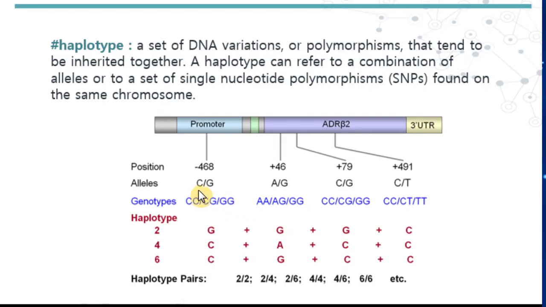We read them as genotype for each polymorphism, or we can read them as haplotype of 4 polymorphisms. This example has 3 haplotypes, consisting of different combinations of alleles of these 4 variations. So don't worry too much about this haplotype. It's more important for you to know about the genotype at this stage at least.